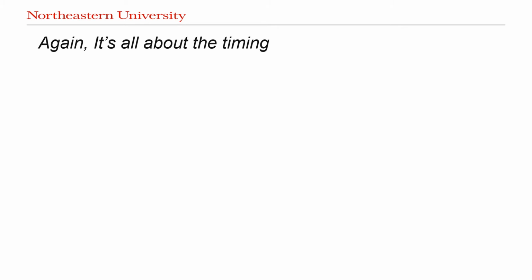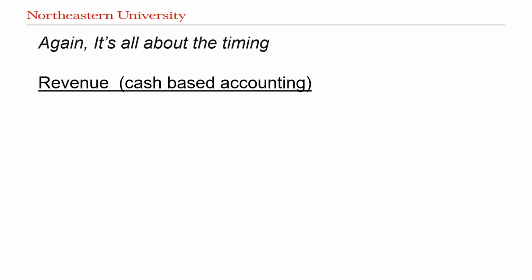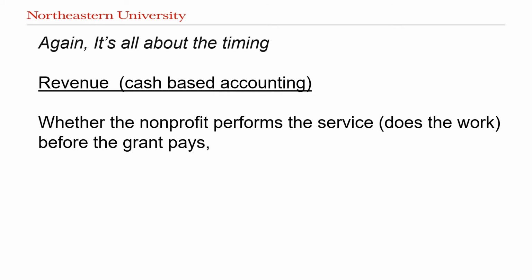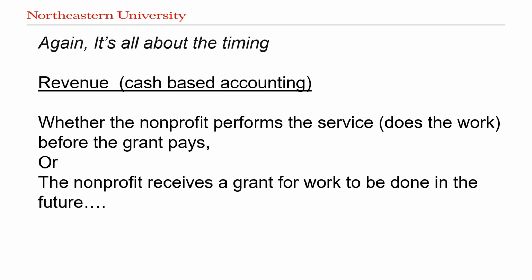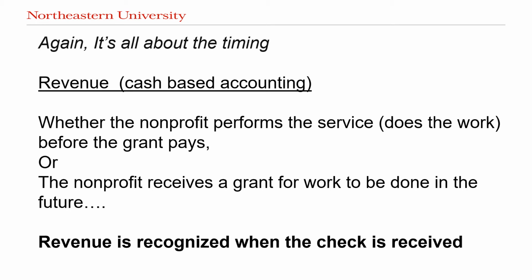And again, it's all about timing. In cash-based accounting, whether the nonprofit performs the service and does the work before the grant will pay, or whether the nonprofit receives a grant for work that will be done in the future, the revenue is recognized when the check is received.